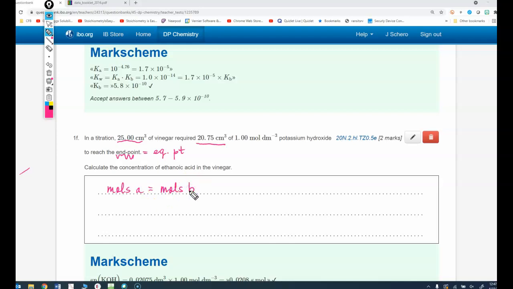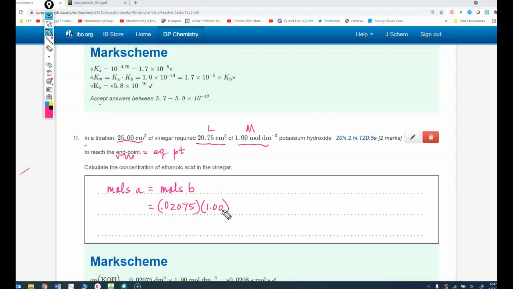We want to calculate the moles of our base because we have liters and molarities. So we're going to use 0.02075 for our liters, which I've converted to liters, and 1.00 for our molarity.